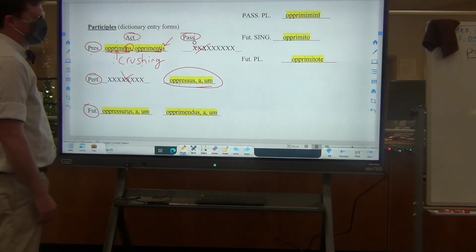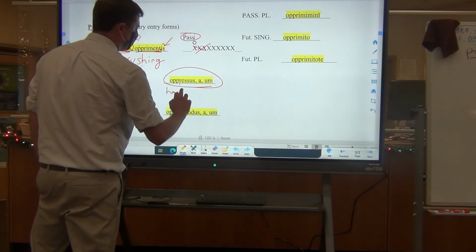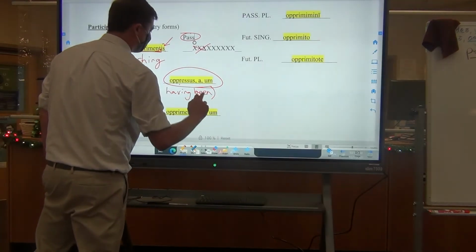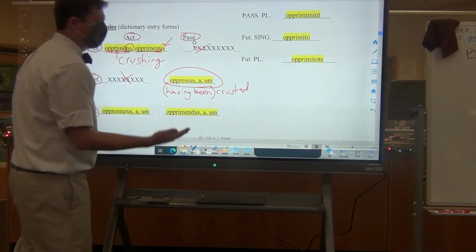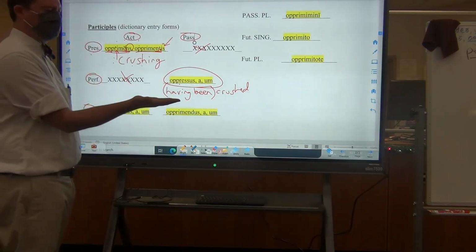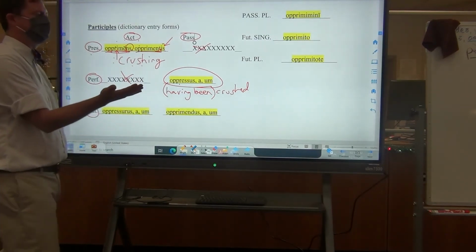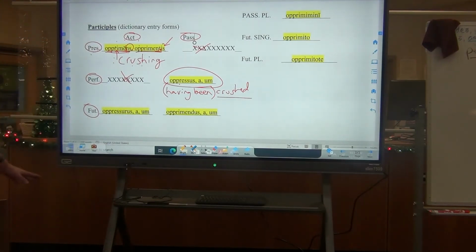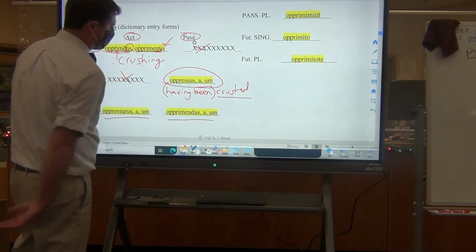And so therefore, oppressus, having been crushed. Now I put the having been in parentheses. Crushed in this instance. Because if I were to have a grape in my hand that I've already squished, either I am holding the having been crushed grape, or I could simply say I'm holding the crushed grape.